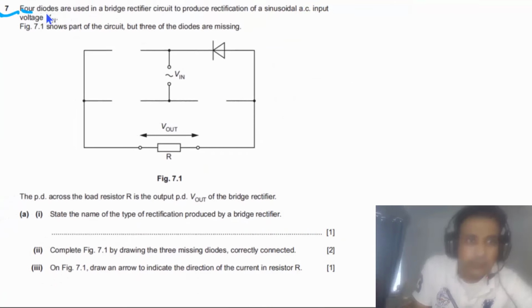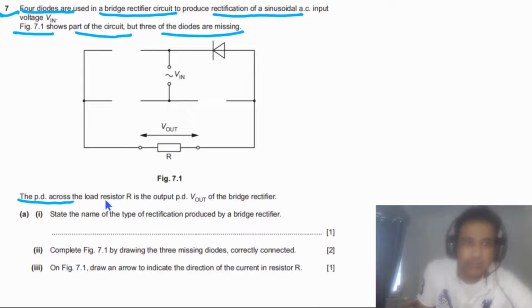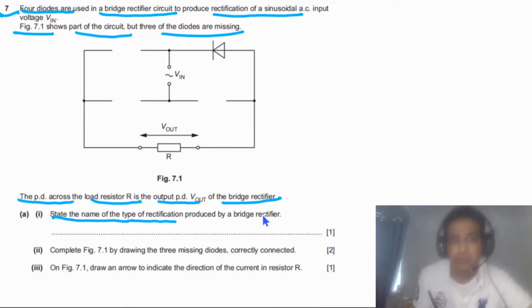Question 7 says 4 diodes are used in a bridge rectifier circuit to produce rectification of a sinusoidal AC input voltage Vin. Figure 7.1 shows part of the circuit but 3 of the diodes are missing. The PD across the load resistor R is the output PD Vout of the bridge rectifier. State the name of the type of rectification produced by the bridge rectifier.